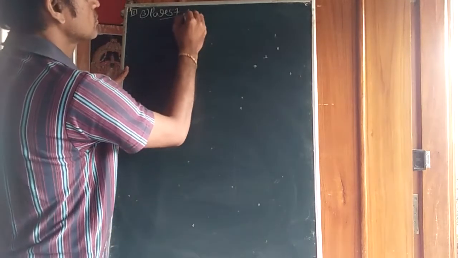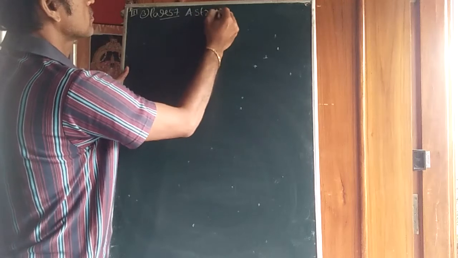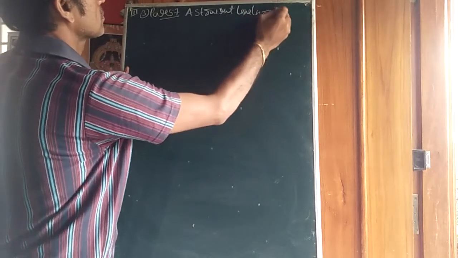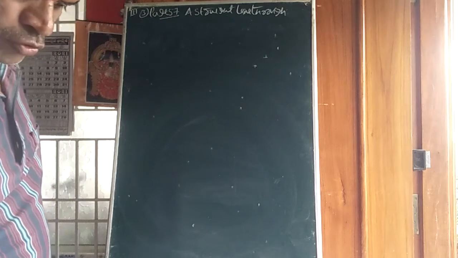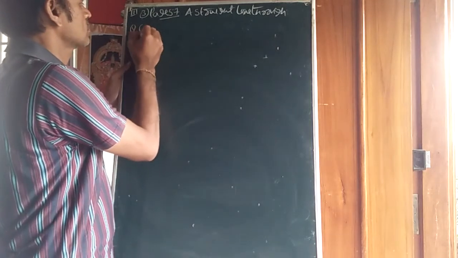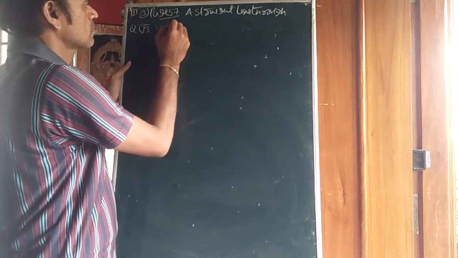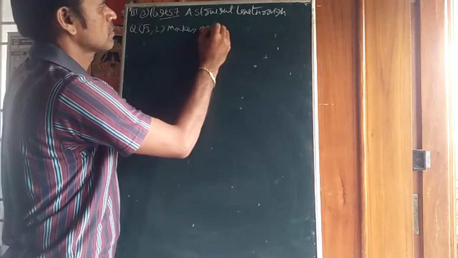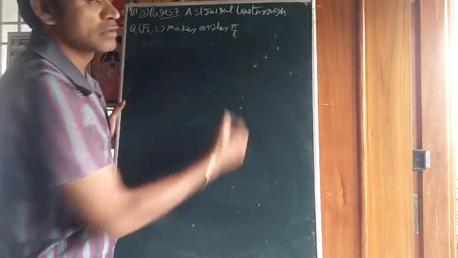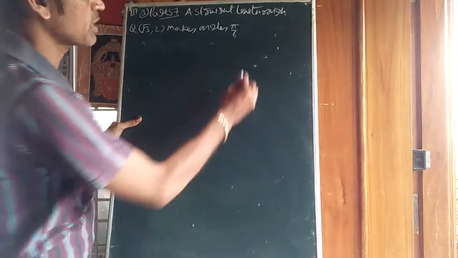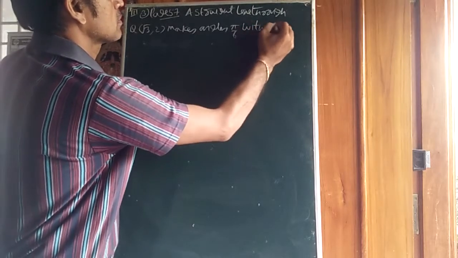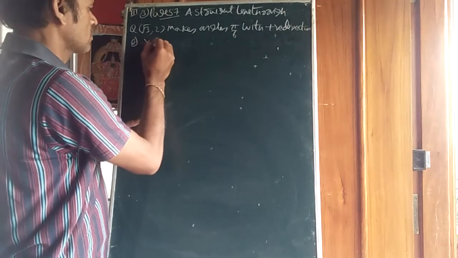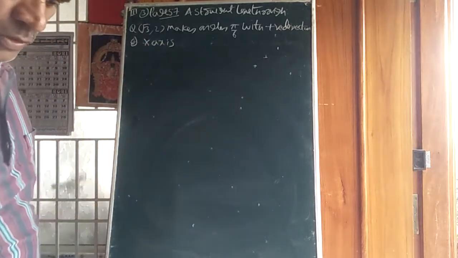A straight line through Q(root 3, 2) makes an angle pi by 6 with the positive direction of the x-axis.